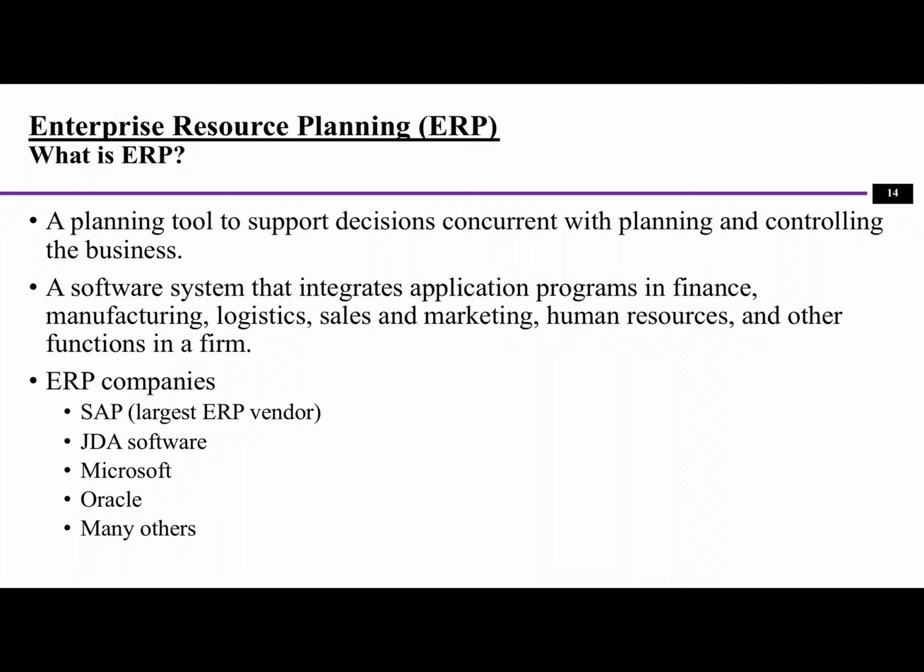Right, and there are some popular vendors for ERP software. SAP is a very popular one. A lot of companies use SAP, and you can do a little bit of research about SAP and learn a bit more about it. Some other vendors are Microsoft, Oracle, and some other companies.